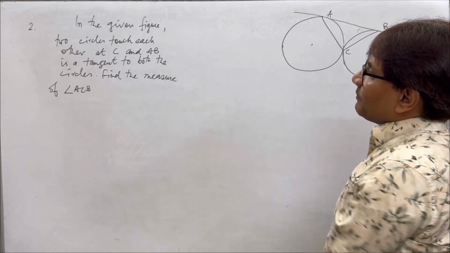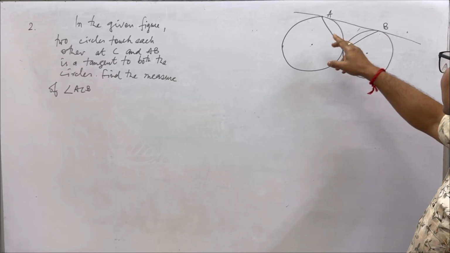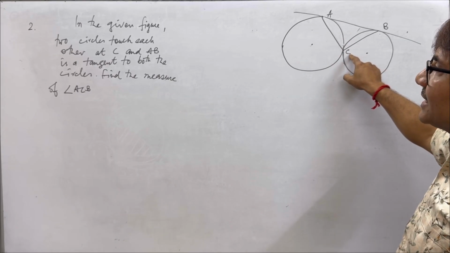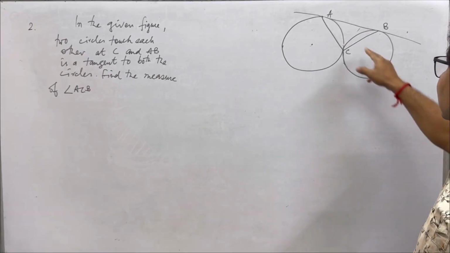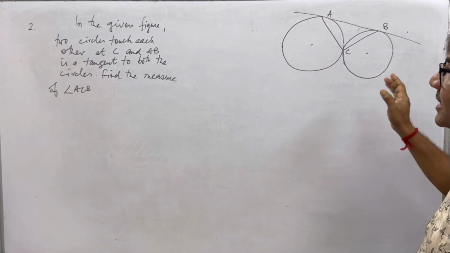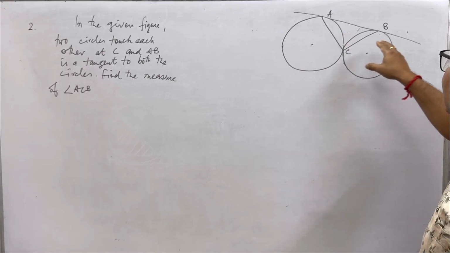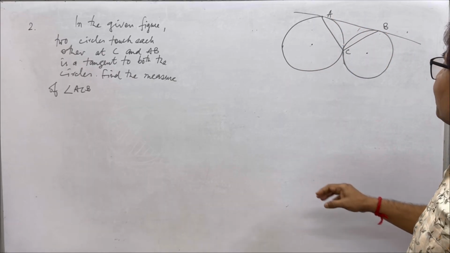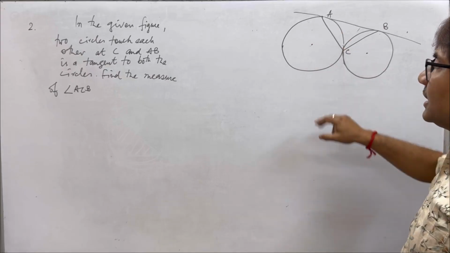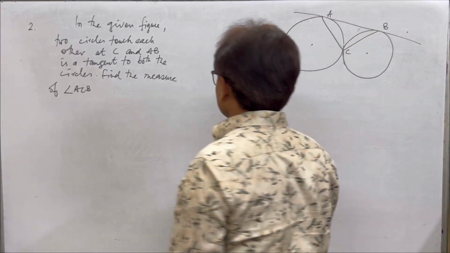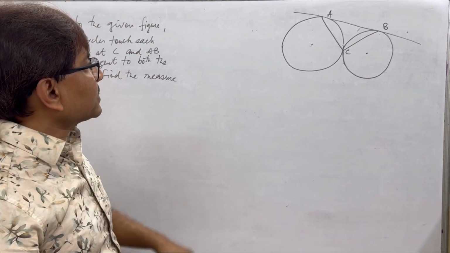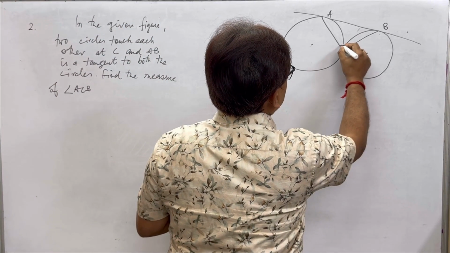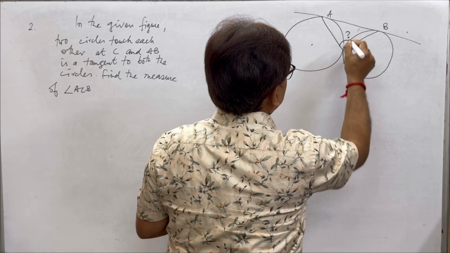So in the given figure, two circles touch each other at point C, and AB is a common tangent to both the circles. Find the measure of angle ACB. This is the question. So how to solve this?